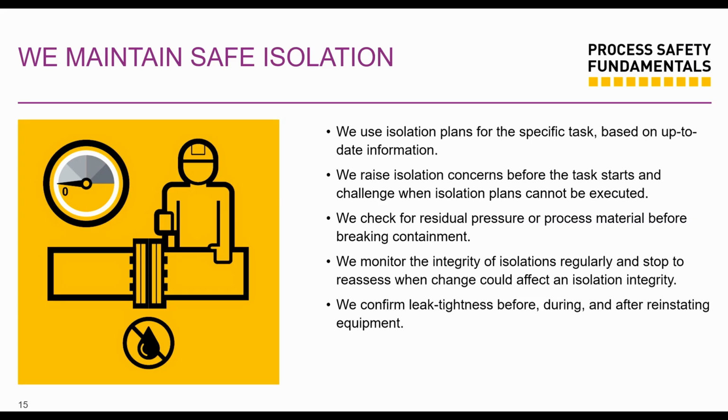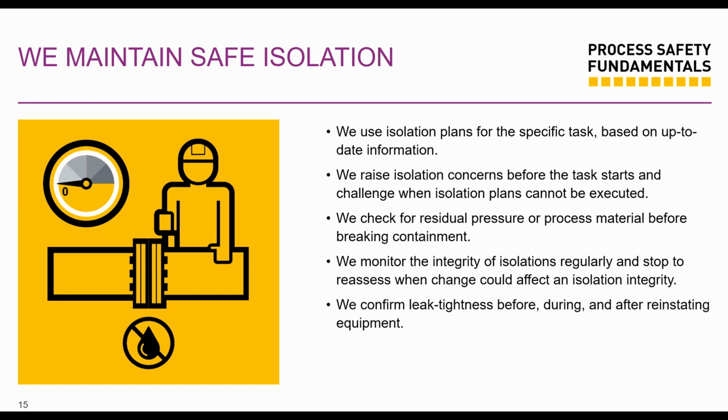So, make sure that the valves are locked and tagged on both upstream and downstream isolation points. And this could prevent the release of steam. Or, a maintenance crew is working on a double block and bleed system.